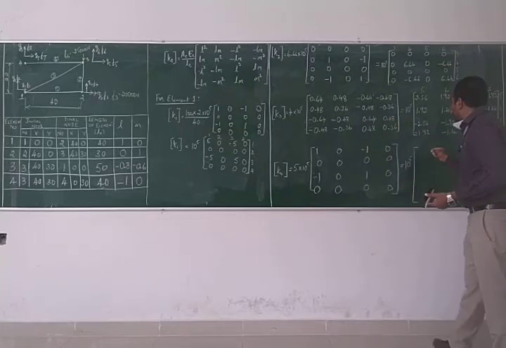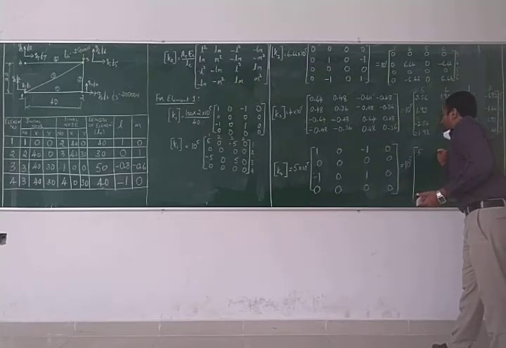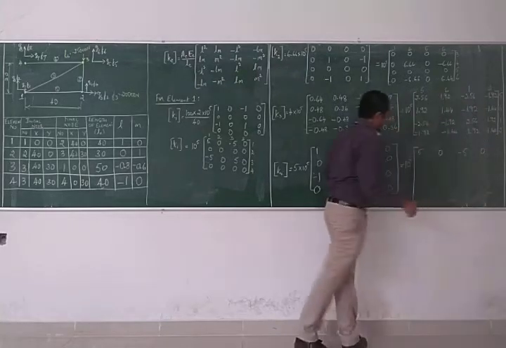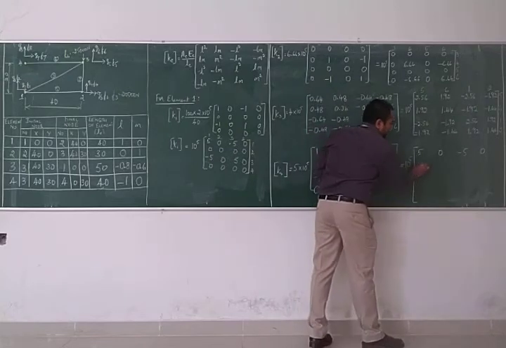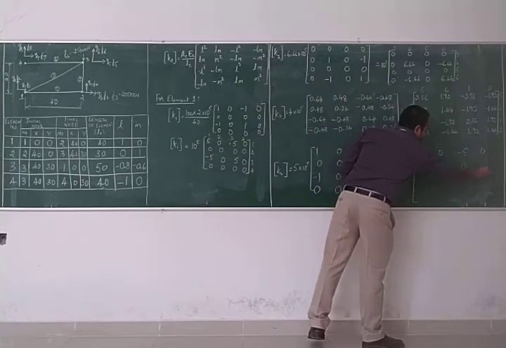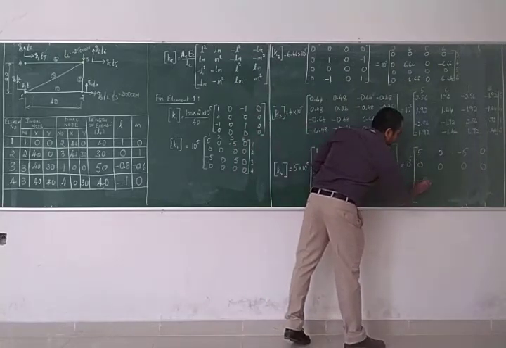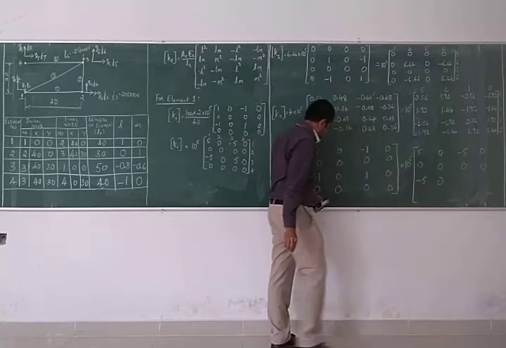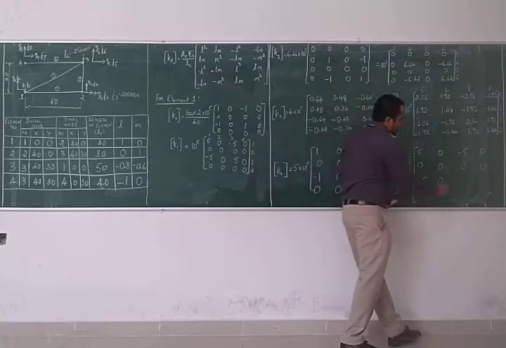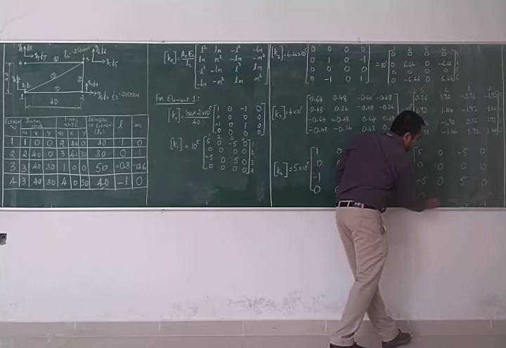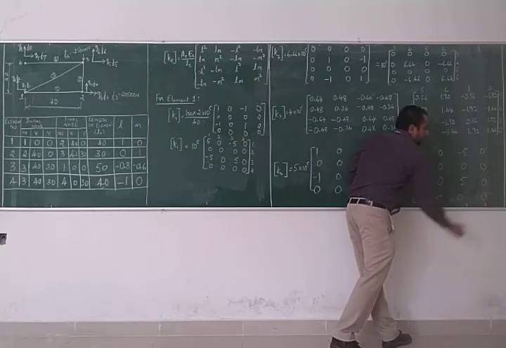Multiplying 5 inside, 5, 0, minus 5, 0; 0, 0, 0, 0; minus 5, 0, 5, 0; the last row is entirely 0.